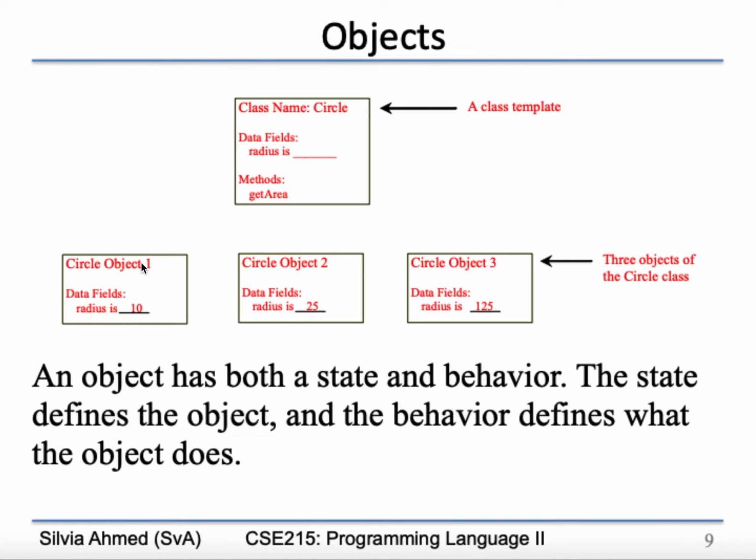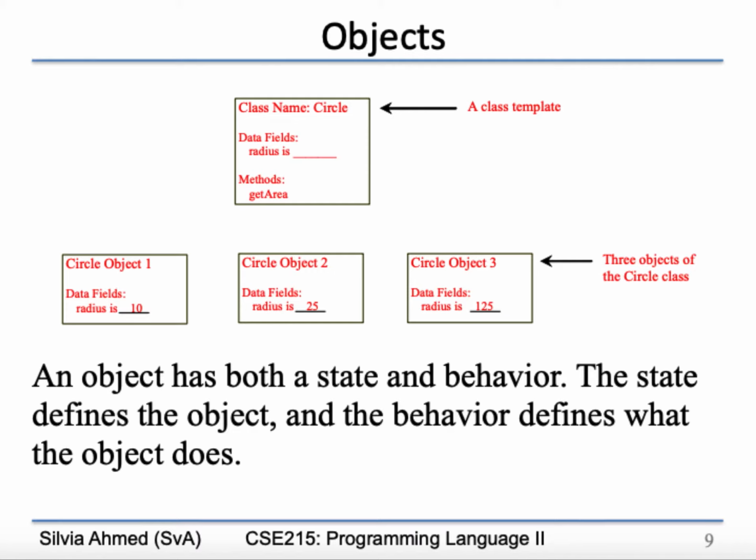We can have one circle object whose radius is 10, another circle object whose radius is 25, and another whose radius is 125. So we see that a circle can be designed as an object.